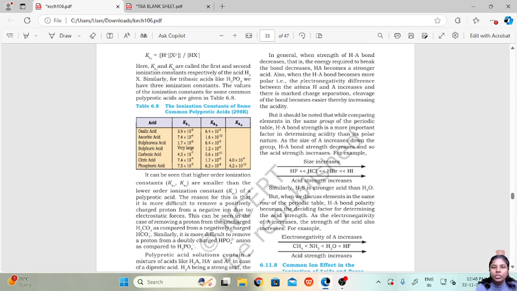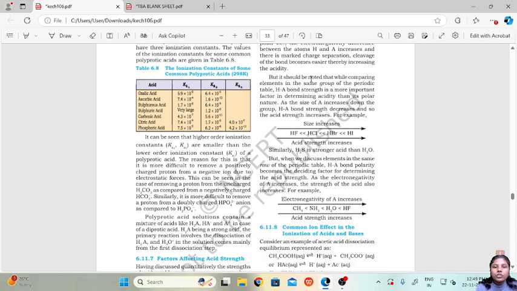With reference to polarity, what we are saying is that if the electronegativity difference between H and A goes on increasing, then the charge separation will be quite larger, and in that case the cleavage of the bond becomes much easier, increasing the acidity.